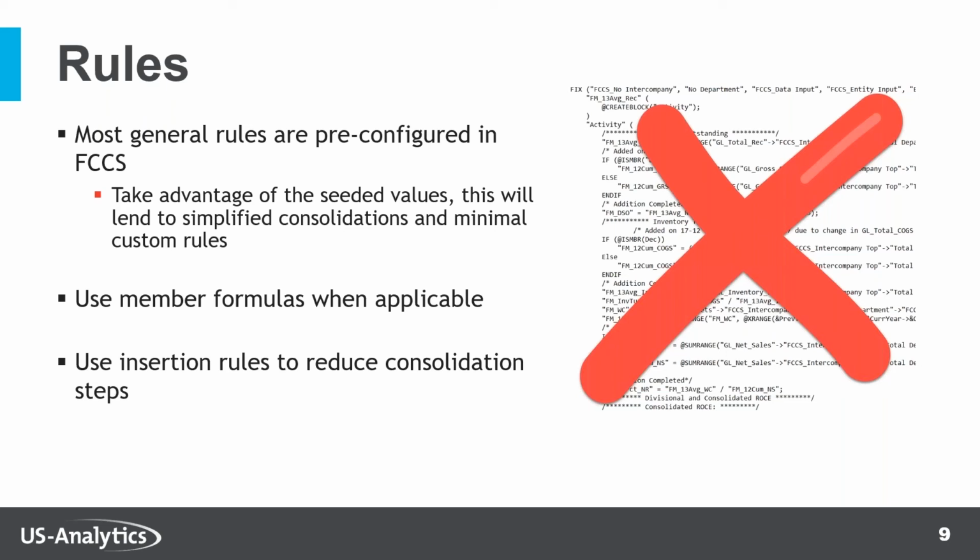If that value did not tie, you got an error message. So there's even the ability to validate against and tie back to your GL data. All of this you can do without rules. You can use the pre-configured items within FCCS to address the same needs that you might have.